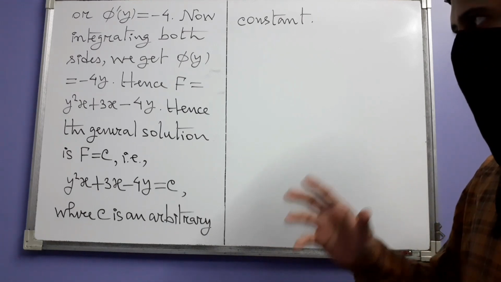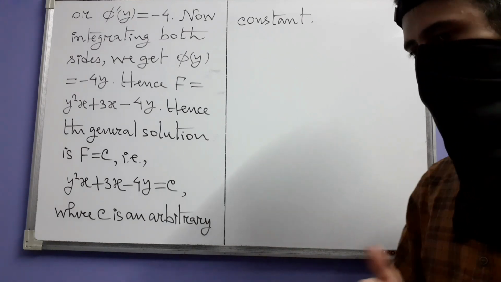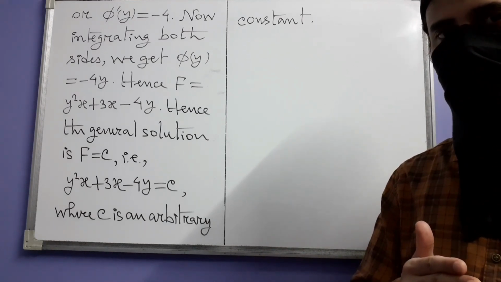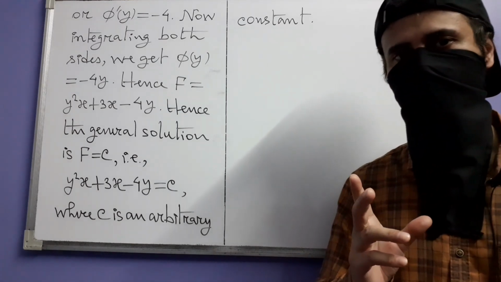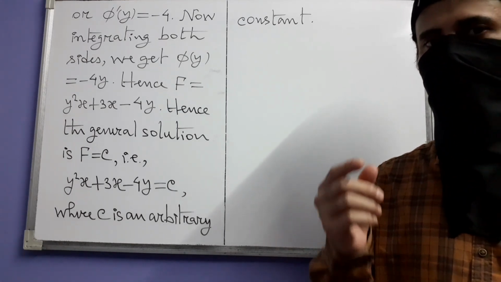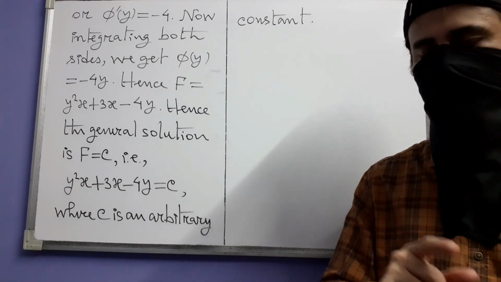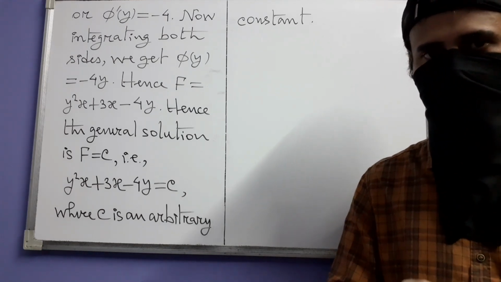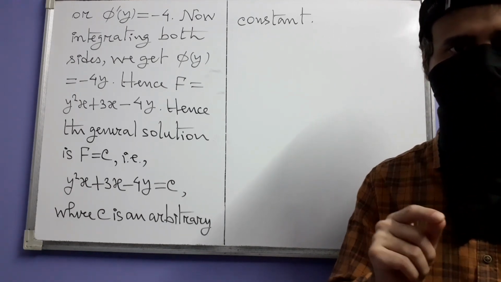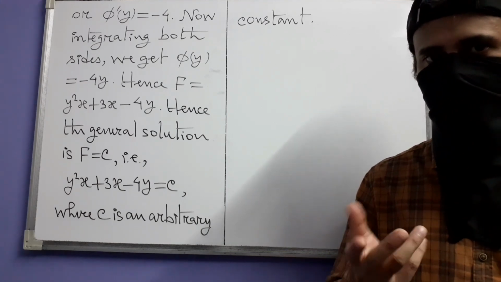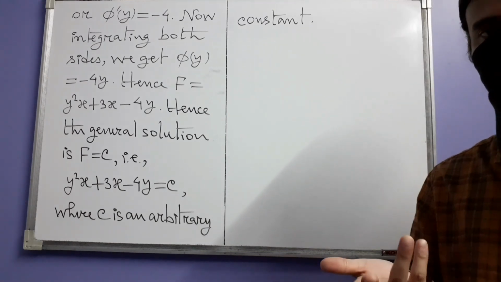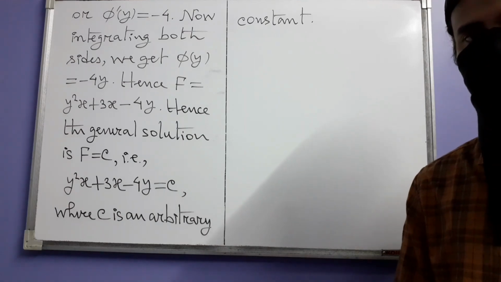But because the aim here is the methods, we want to know what types of differential equations have exact methods for finding their solutions. We want to learn those methods. First, we want to recognize the differential equation type, and if it is of that type, then we want to know what to do to find a potential solution.